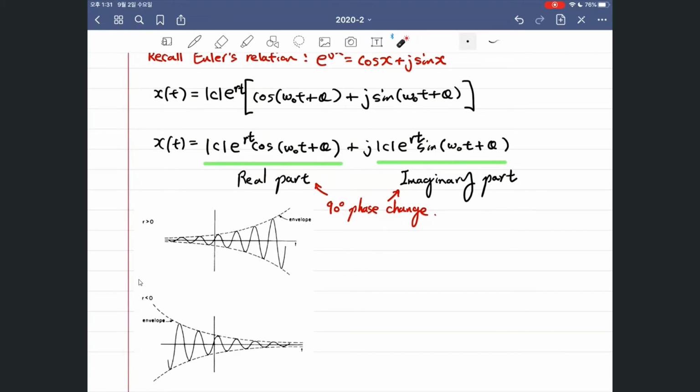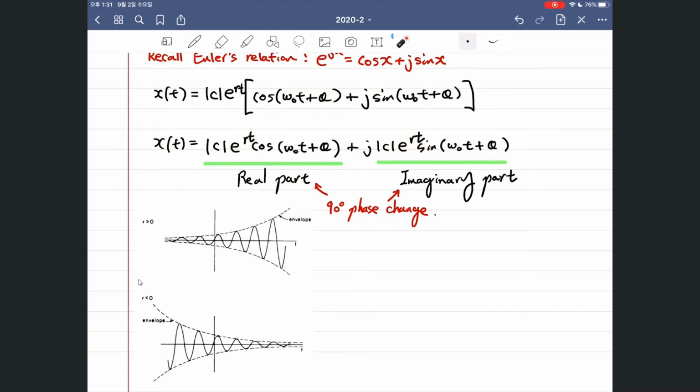So if you look at this equation here, there is t inside the cosine and sine function, and there is t on top of the exponential term on both.